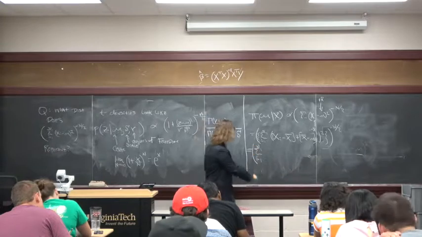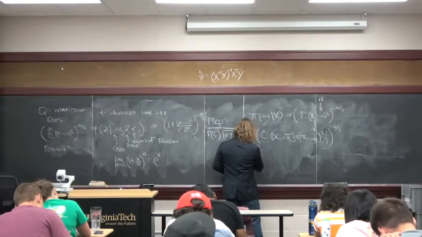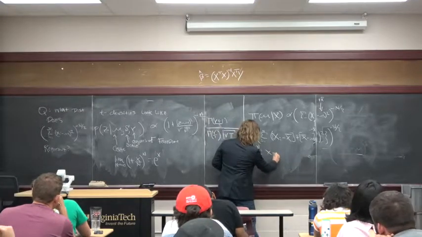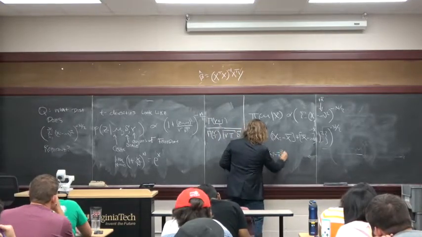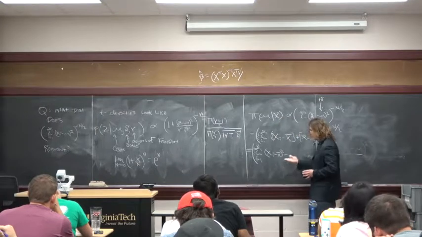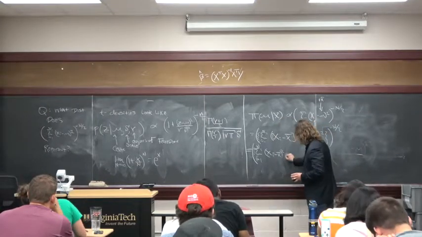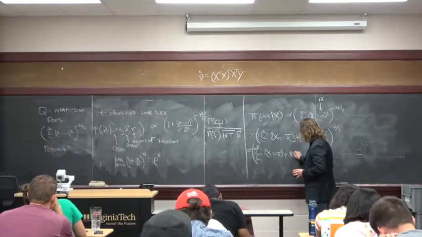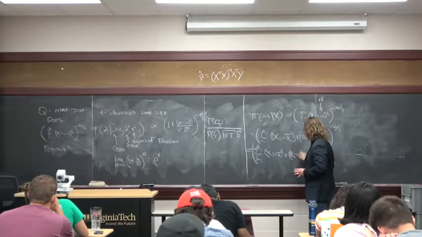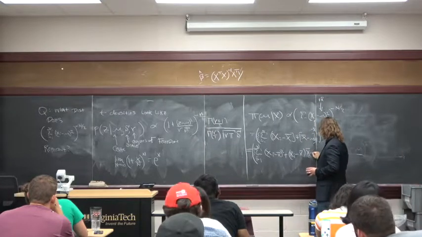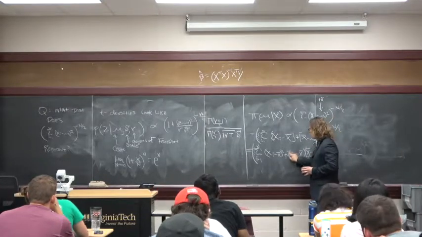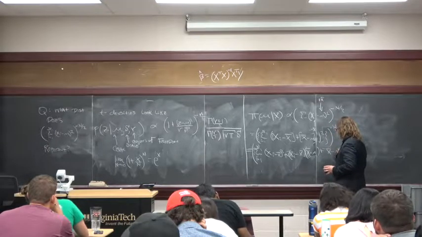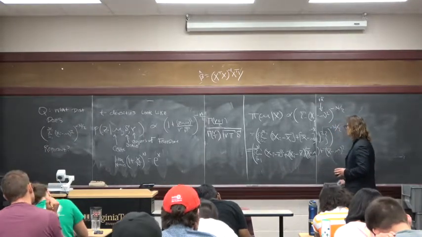I have a big power going on, so I'm going to be explicit with my sum right here. (xi minus x bar) squared plus, sorry, this is plus, 2 times (xi minus x bar)(x bar minus mu). There's two of those cross terms in both directions, plus (x bar minus mu) squared.